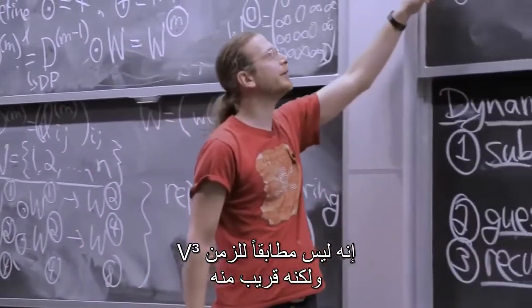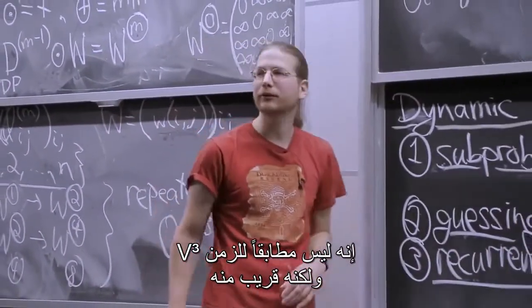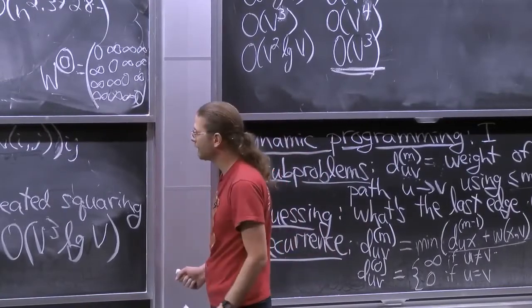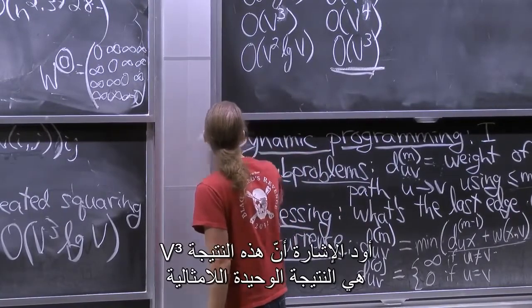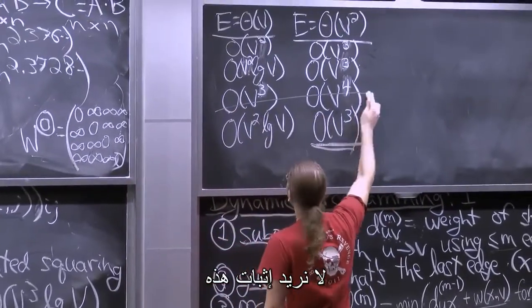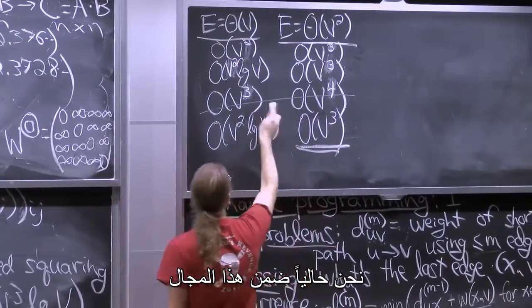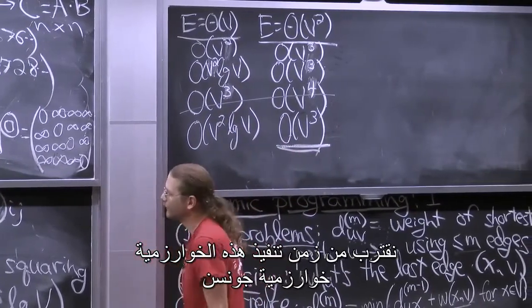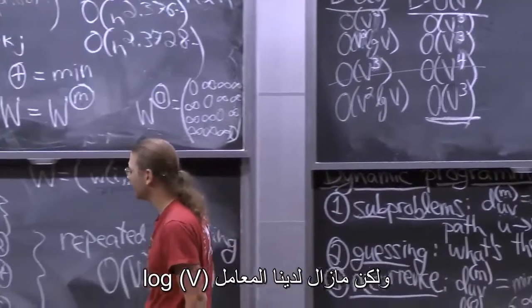It's not quite V cubed, but close. I'm pointing at V cubed. This is actually the one result that is not optimal. This is the one we want to improve. But we're in this space right now. We're getting close to as good as Johnson's algorithm, but we still have a log V factor.